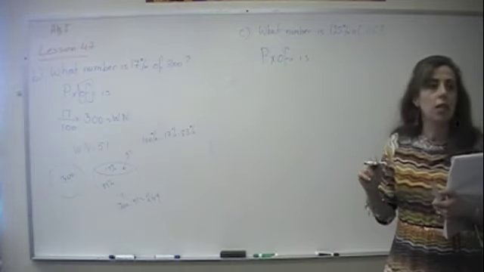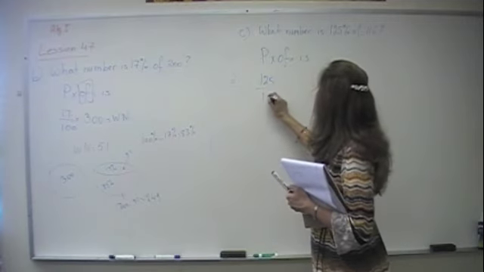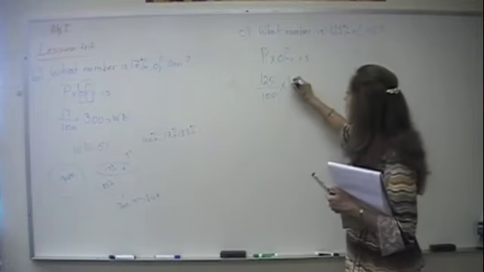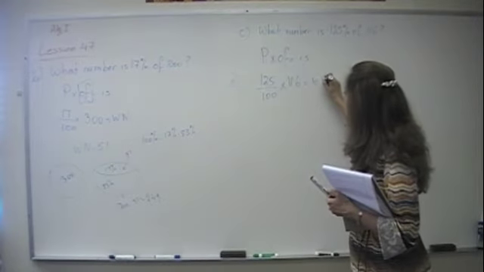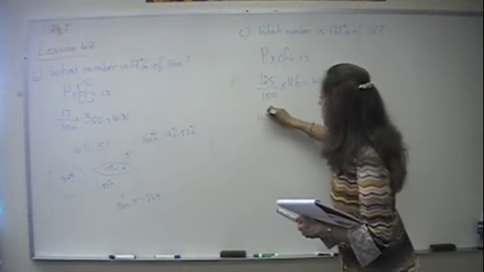What is my P? 125. 125 over 100 times of, 116, equals Wn. And in this case, my Wn will be 145.